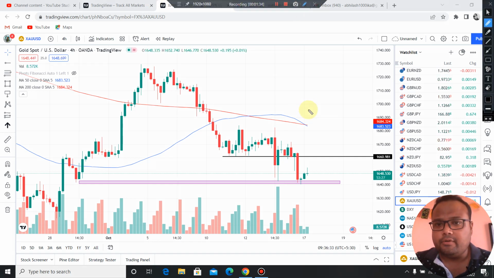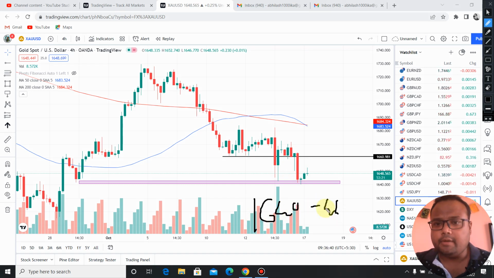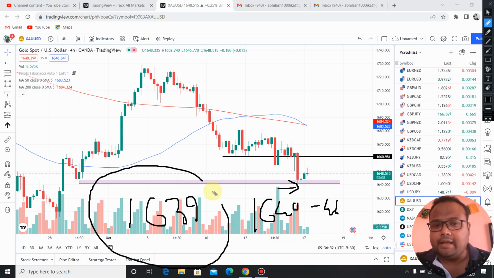1640 to 44 is still a support zone for the market. So during the European session or US session, if we see selling in the market, if you see the market breaking the support, breaking 1639 and going down, you can take a sell position.